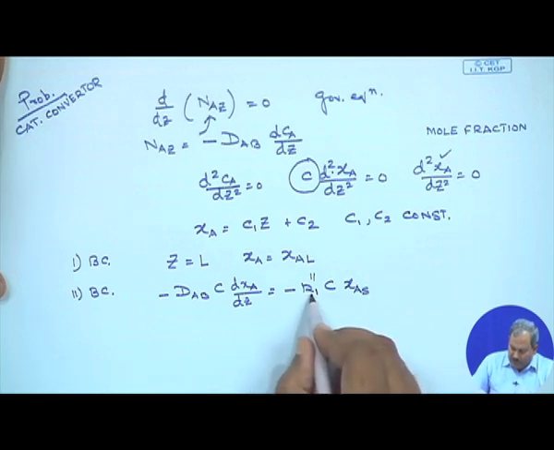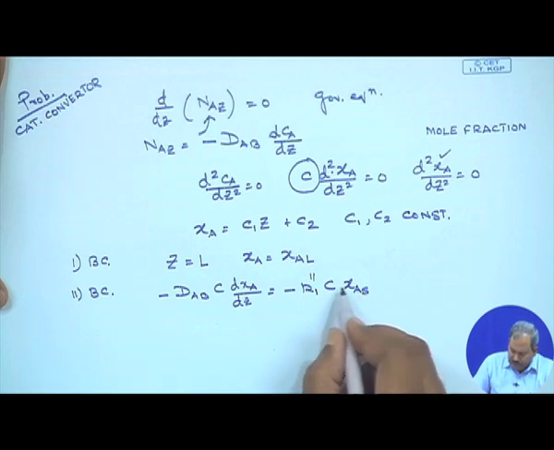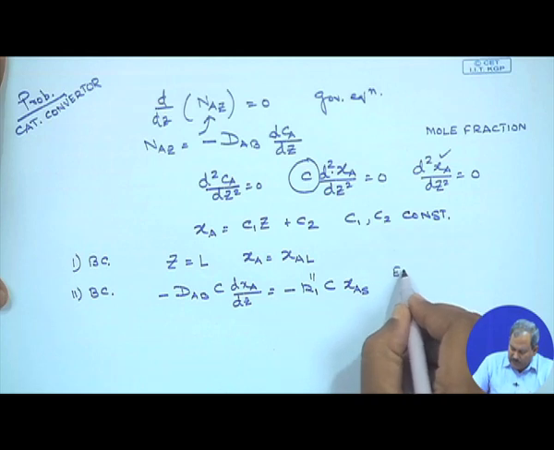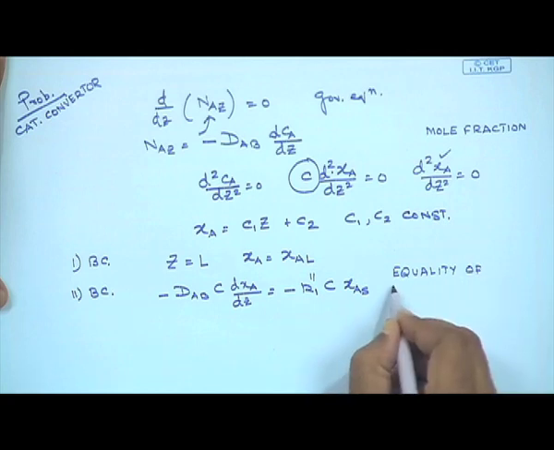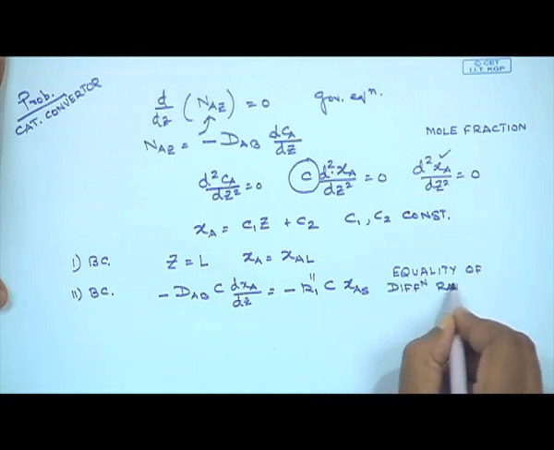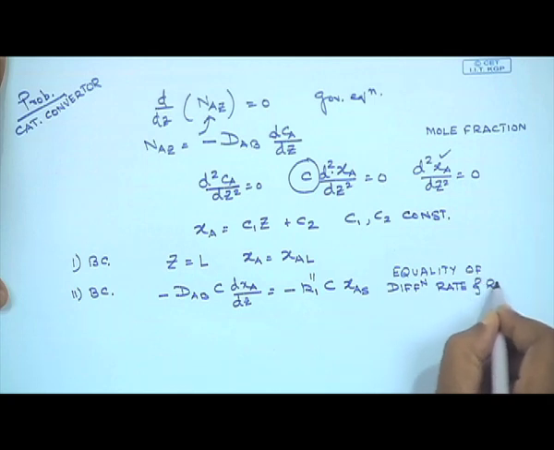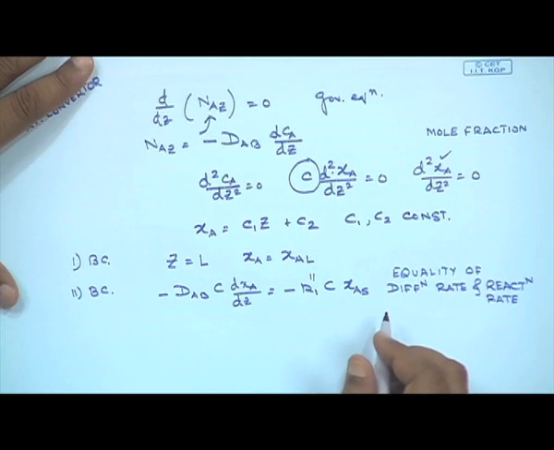So the reaction rate on the catalyst surface where the mole fraction of component A is equal to x_AS, and C being the total concentration. So this is equality of diffusion rate and reaction rate. That is the relevant boundary condition at the catalyst surface.